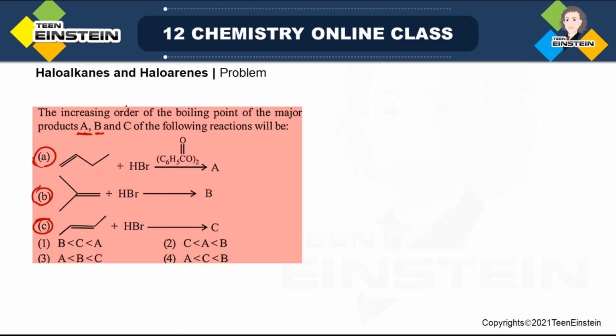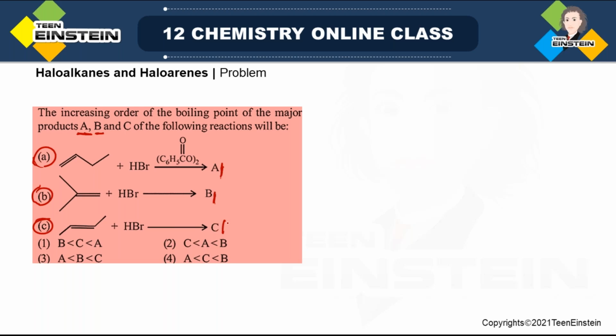It is asking about the increasing order of boiling point of A, B, C. That means it is related to the physical property of haloalkanes, because A, B, C are all haloalkanes. You are adding HBr to an alkene. But first you have to know the structures of A, B, C. Then only you can compare their boiling points. So this question is basically a combination of two questions.